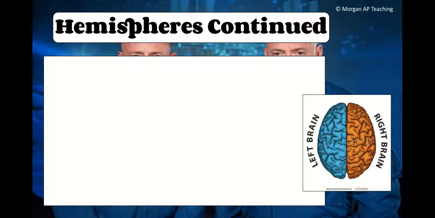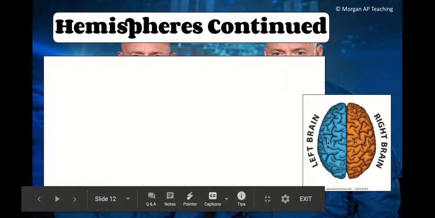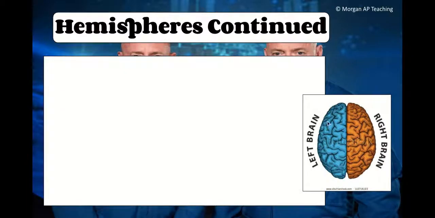So the motor and sensory neurons are connected to the brain laterally. So each side of the brain controls movement, visual fields, etc. of the other side of the body. So the left side of your brain controls the right side of your movement. The right side of your brain controls the left side of your movement. This is called brain lateralization.